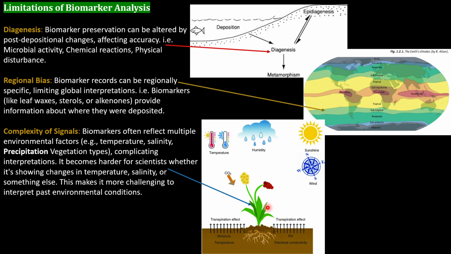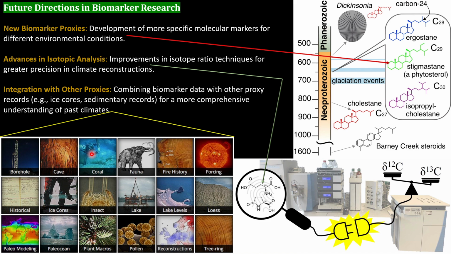For example, if we grow a plant, there will be multiple effects like carbon dioxide, temperature, humidity, sunlight, wind, transportation, respiration, photosynthesis, and chlorophyll. So chlorophyll will also reflect all of these environmental factors, which is multiple complex things.